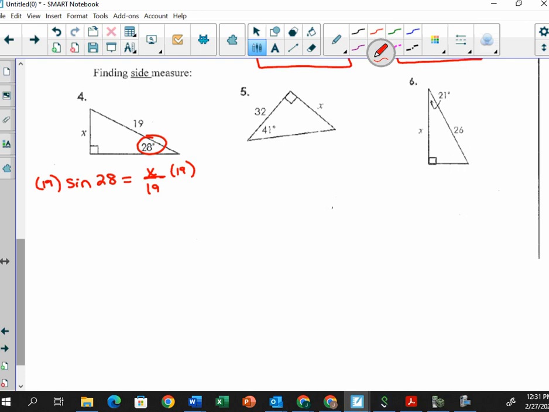Yes, 19, because when you're solving for x, you multiply both sides by 19. Yep. What do we get, guys? 8.9. Nearest tenth still. And guys, is it degrees this time? No, it's a side. Okay. All right, try 5 and 6.